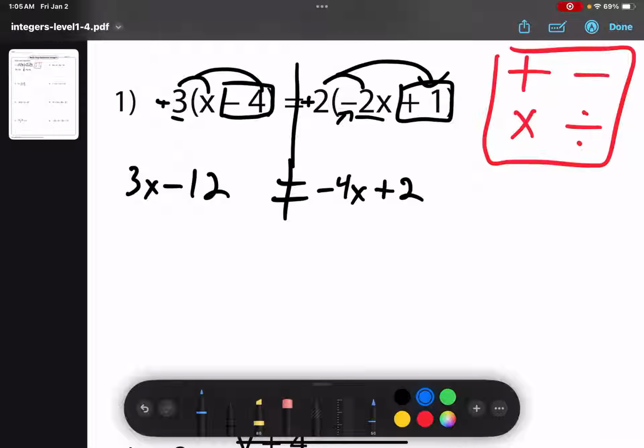Next thing, I'm going to change it to blue here. We can either move the 3x, the negative 12, the negative 4x, or the 2. I recommend moving this one first. Reason being is I don't want to mess with the ones with the variables just yet. I want to make sure that all the whole numbers, or the constants, are already taken care of.